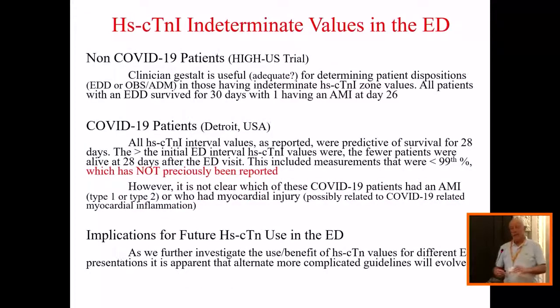So just to summarize, non-COVID, I've shown that ED physicians in the US were pretty good at determining who could go home and who needed observation or admission based on risk factors and gestalt, because they didn't have the high sensitivity cardiac troponin, and they were pretty darn good. And then with COVID, we did a unique thing by studying people with acute COVID and looking at high sensitivity cardiac troponin I, the Beckman assay, and showing that if you do a troponin within the ED and get the result, that alone predicts outcome.